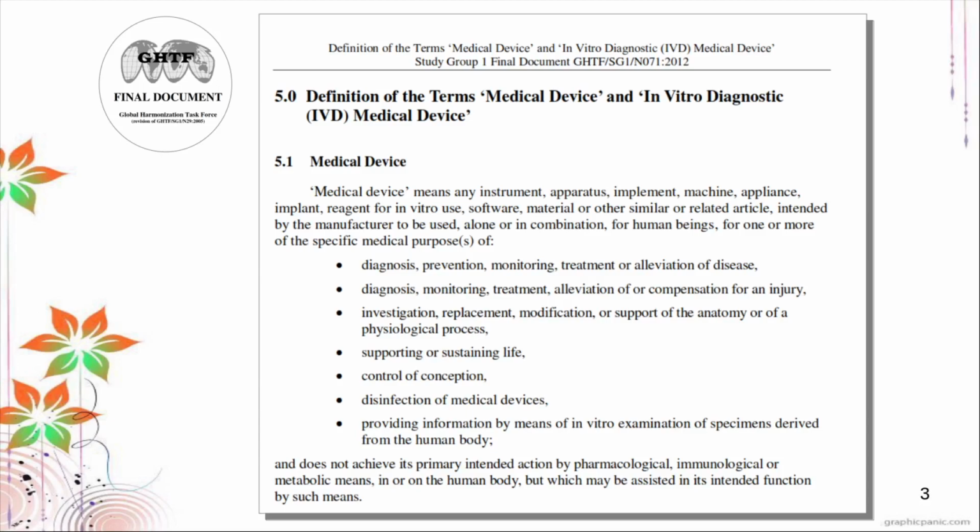So anyway, continuing on, it's software, usually in health informatics, documentation in the hospitals, etc., even research. Materials or other similar or related article intended by the manufacturer to be used alone or in combination for human beings for one or more of the specific medical purposes of diagnosis, prevention, monitoring, treatment, or alleviation of disease; diagnosis, monitoring, treatment, alleviation of, or compensation for an injury.